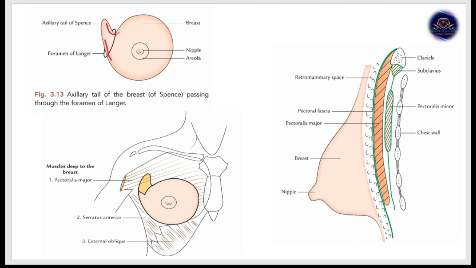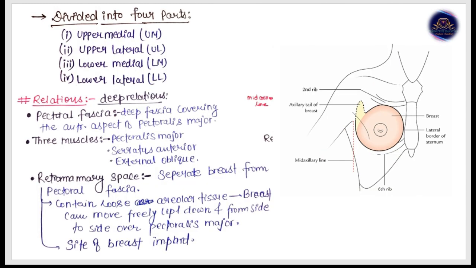From the breast, a projection pierces the deep fascia and extends into the axilla. This tail is known as the axillary tail of Spence, and where it pierces the deep fascia, it is known as the foramen of Langer. Have you understood?